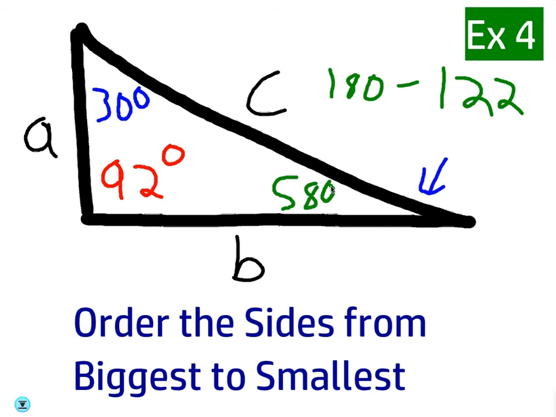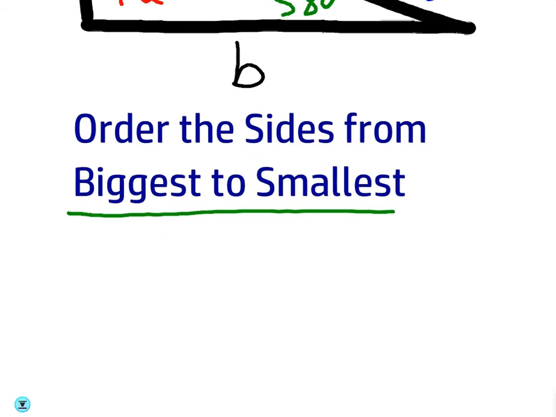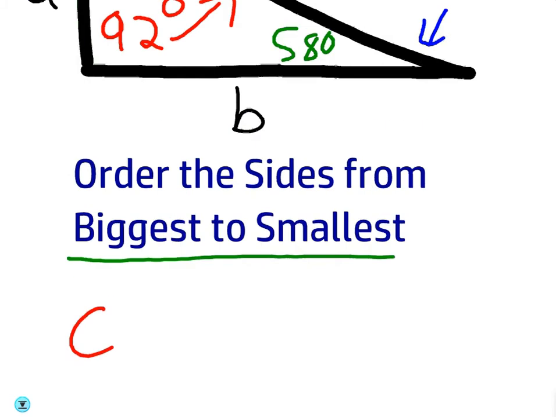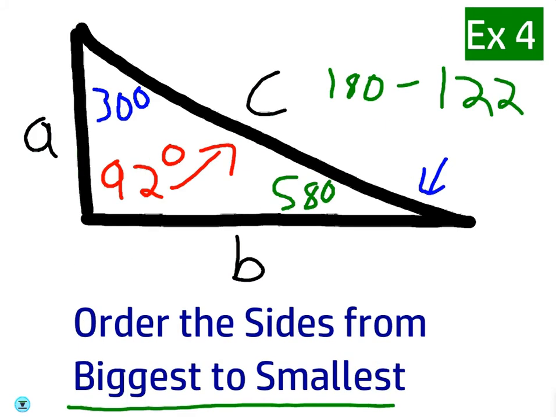All right, so this says order from biggest to smallest. Okay, so we're going to start with the biggest angle, which is 92 degrees. That means that the side opposite C must be the biggest side. It makes sense, too, because it kind of looks like the hypotenuse of a right triangle, even though this is not a right triangle, because it's 92, not 90. All right, the next biggest angle is 58.